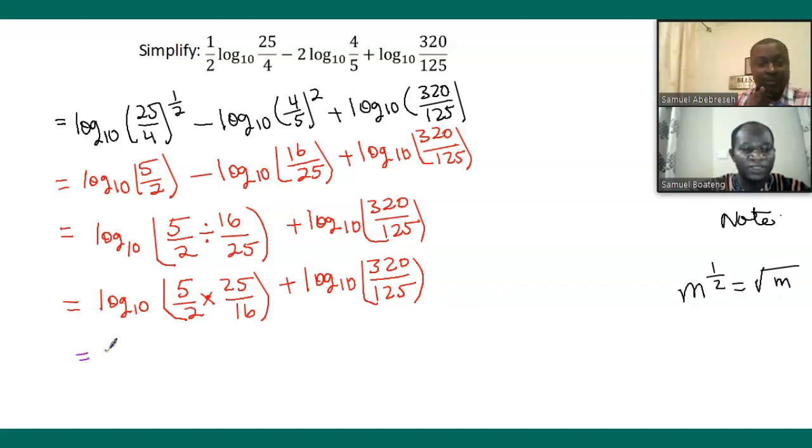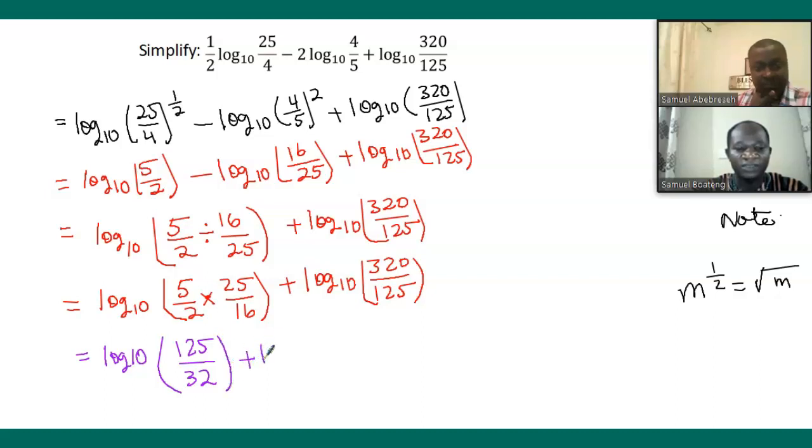So log to the base 10, bracket open, 5 times 25 will give you 125 over 2 times 16 will give you 32.